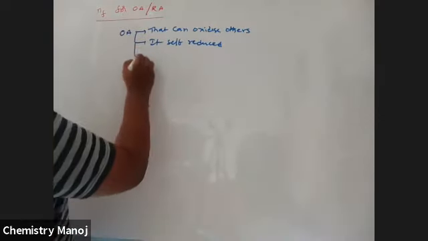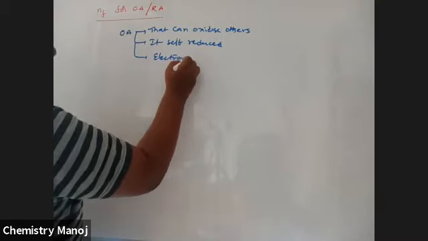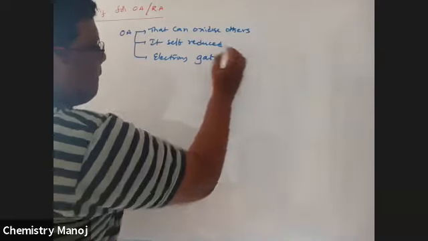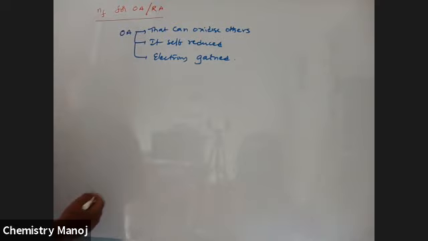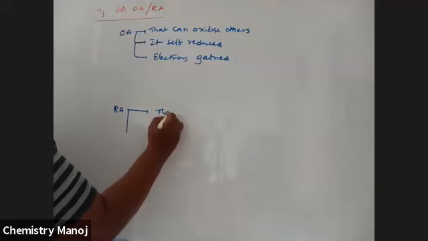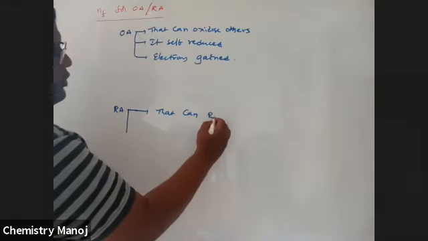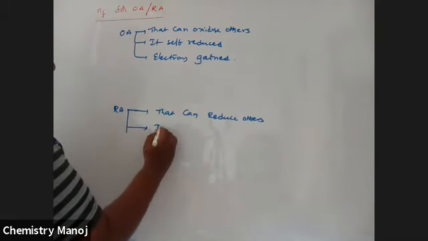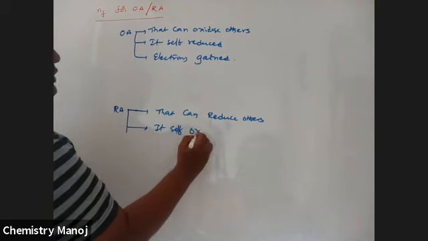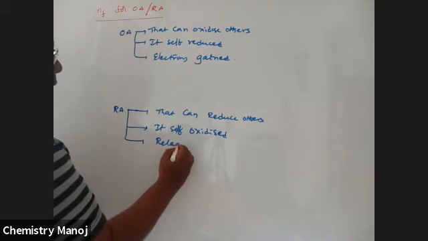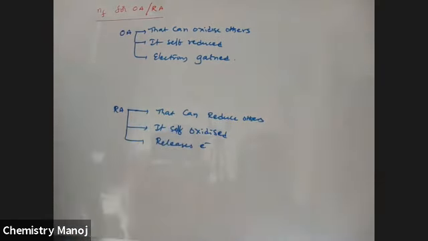Itself reduced means it gains electrons. Similarly, a reducing agent is that which can reduce others, that means itself is oxidized. That means it releases electrons.